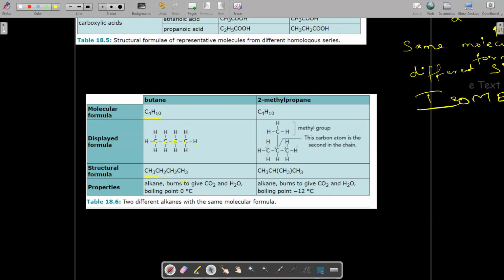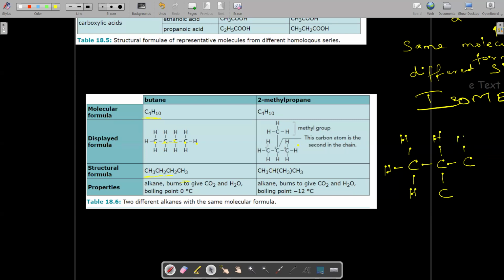Now, this is how we had carbon, carbon, carbon, and I had 1 carbon brought down as a branch. So when I bring this, let's see the displayed formula. I have a hydrogen here, and another hydrogen here. So here there are 4 bonds, 1, 2, 3, and 4.